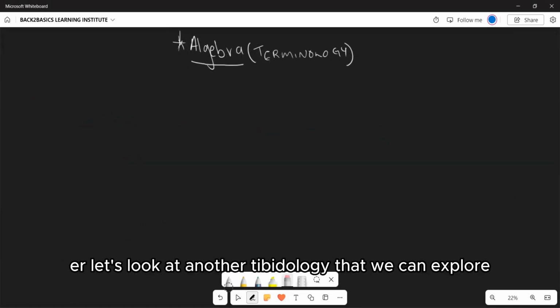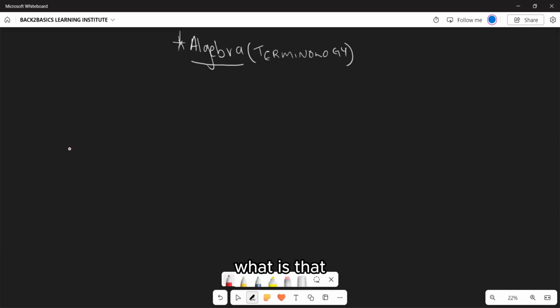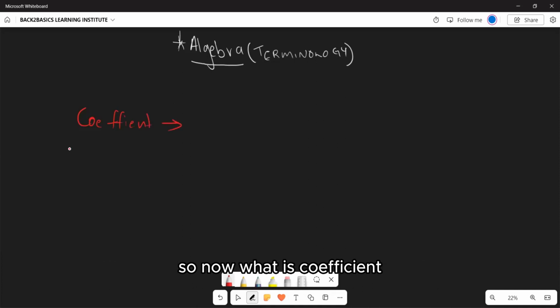Now, let's look at another terminology that we can explore. Let's look at what this term called coefficient is. We also have this term called coefficient, right? So now what is a coefficient?